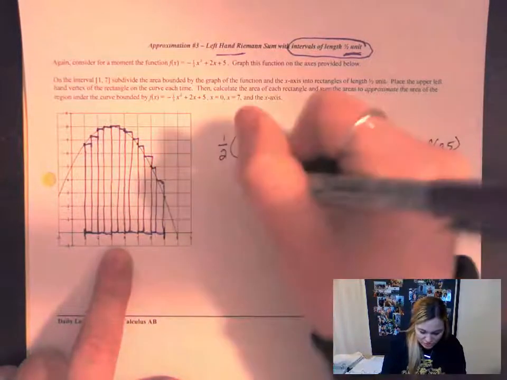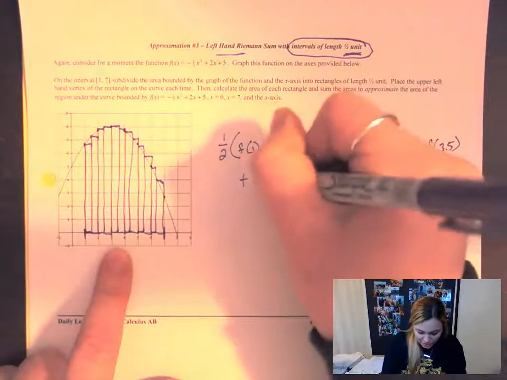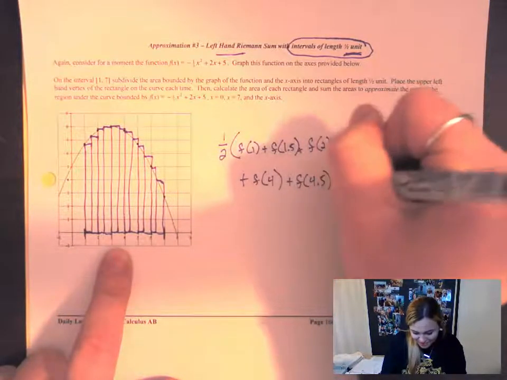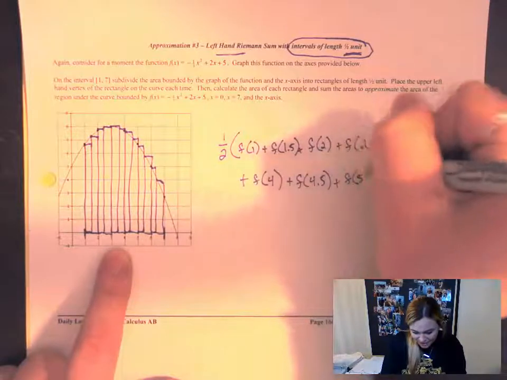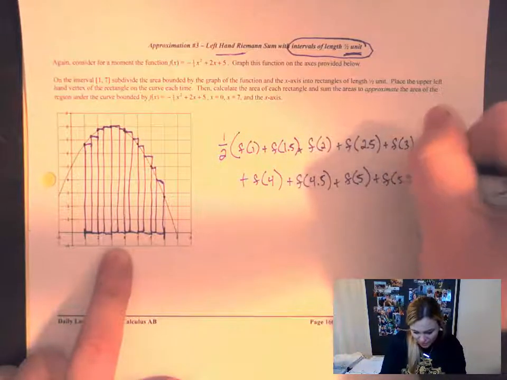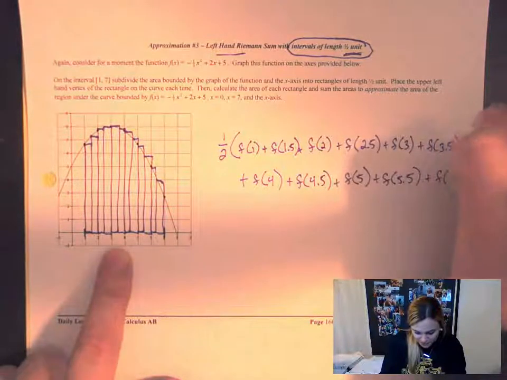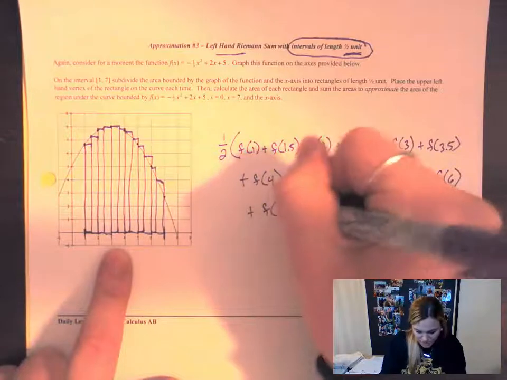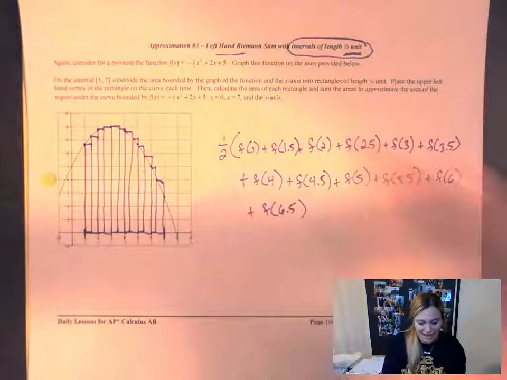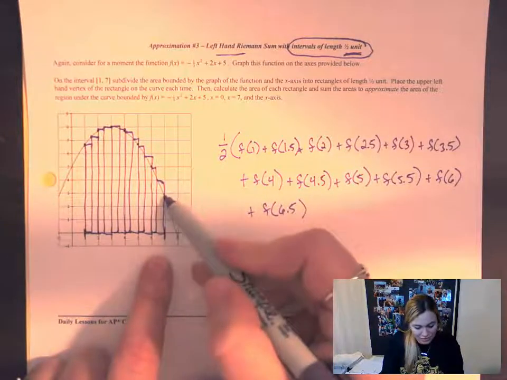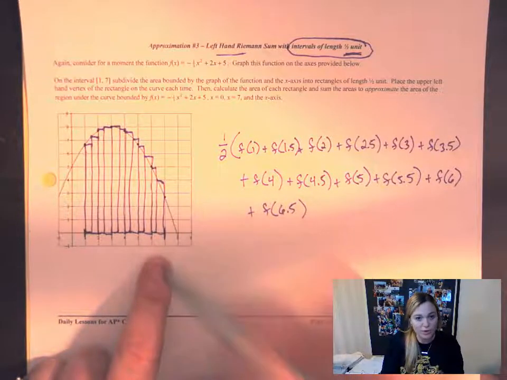This is going to look gross, but I'm running out of room. F of 4, f of 4.5, f of 5. Make sure you don't go too far on this. Think about where you're going to end it. Even though my interval ends at 7, I'm not going to end this at 7 because I've got a left-hand Riemann sum. There was no function value starting at 7 for my rectangle.